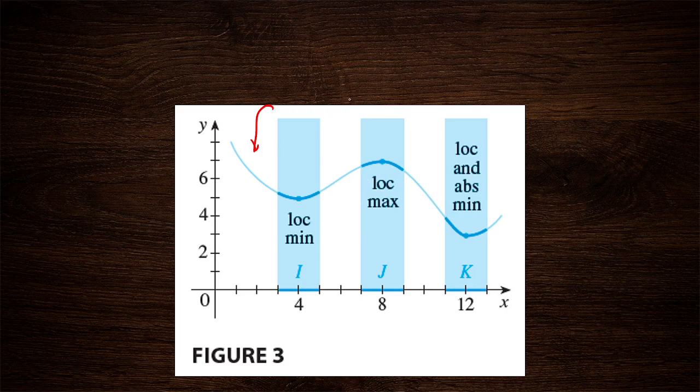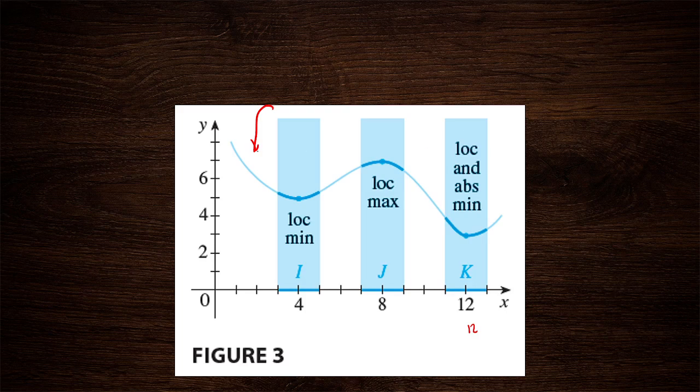Going forward to the value of 12, or the interval of k, what we could see here is the local minimum, and it is also the absolute minimum, since the regions are increasing, so we could say that there are no lower values of the curve that we could get.